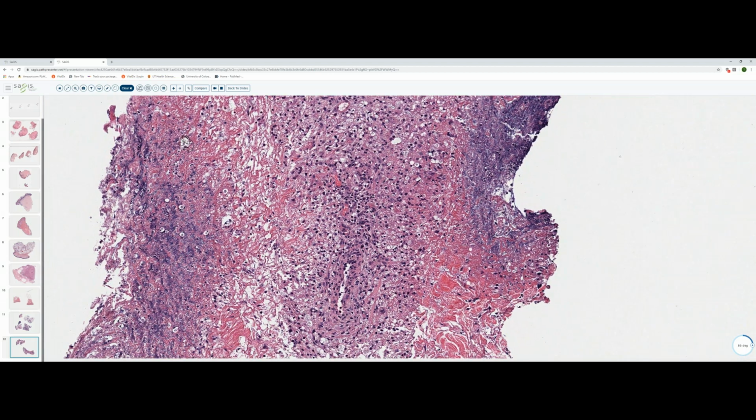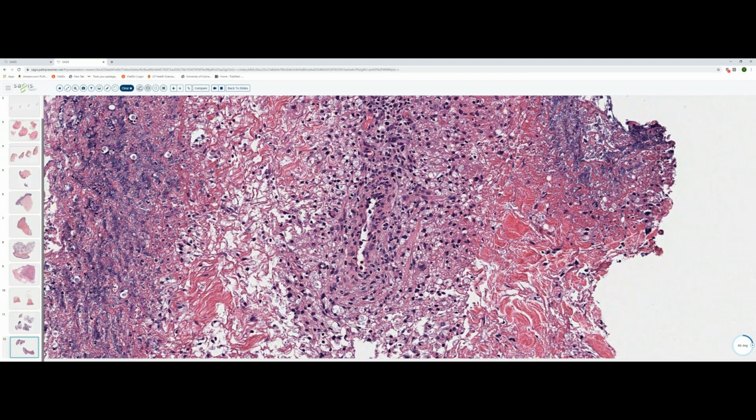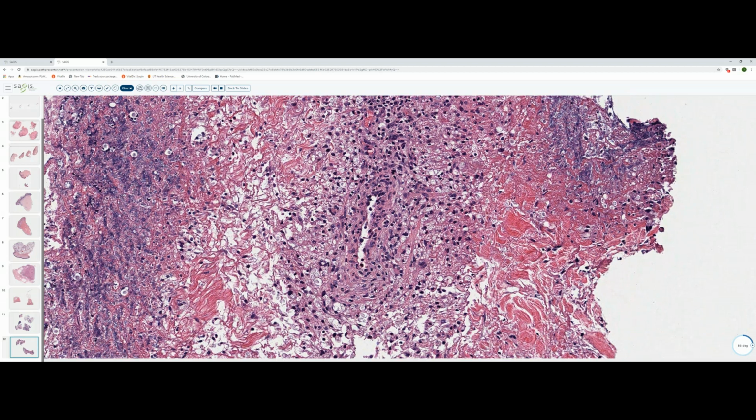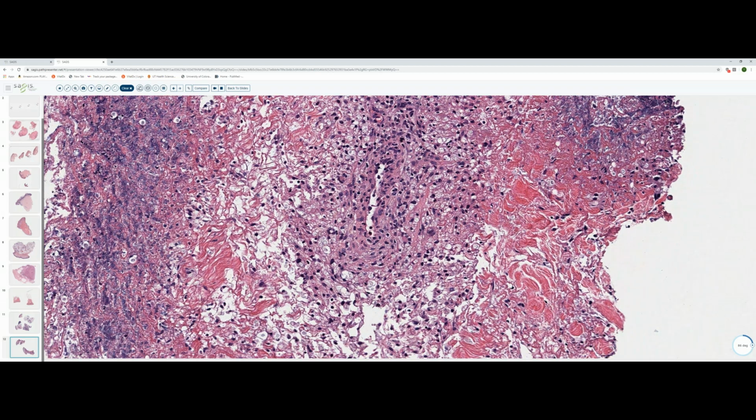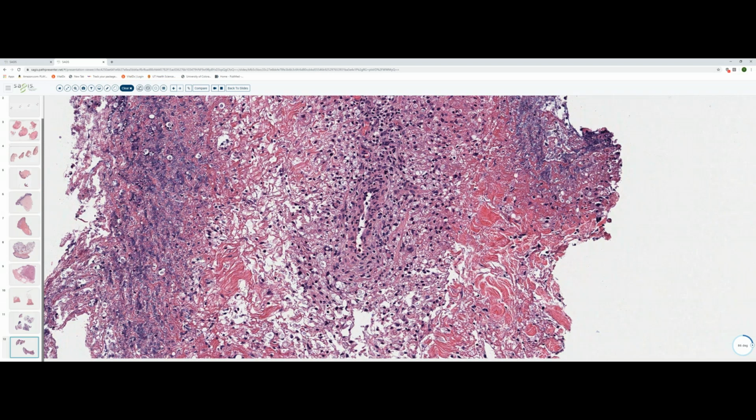This is gelatinous crypto. And of course, if you did a mucicarmine stain here, you would demonstrate the capsule. These organisms will be PAS and GMS positive, and crypto also will stain with Fontana-Masson. And when you do those stains, you see that these are quite variable in size and shape. Now, this is an example of gelatinous crypto.